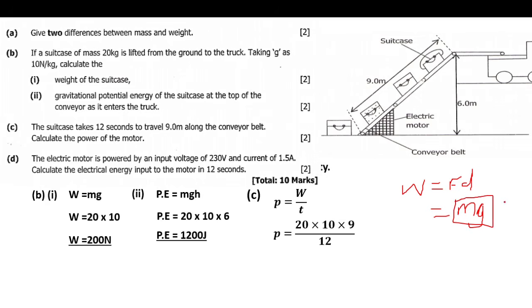Then we'll put distance here, and you'd find that mass is the mass of the suitcase, which is 20, times acceleration due to gravity here, 10, times distance, which is this distance here, 9.